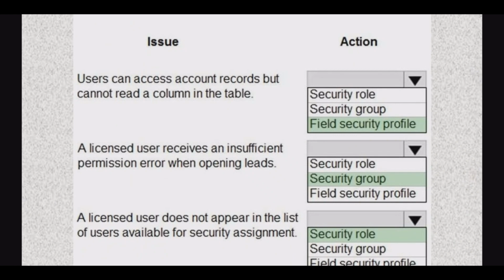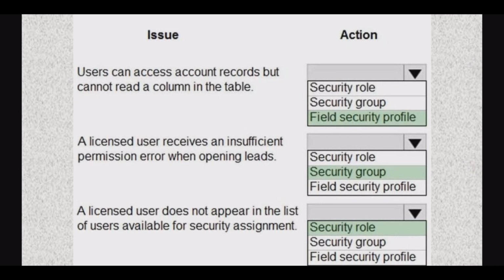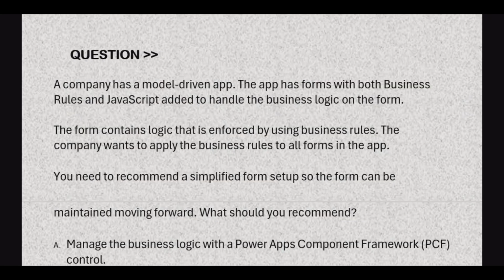The correct answer for the second issue, a licensed user receives an insufficient permission error when opening leads, is security group, and the correct answer for the third issue, a licensed user does not appear in the list of users available for security assignment, is security role.